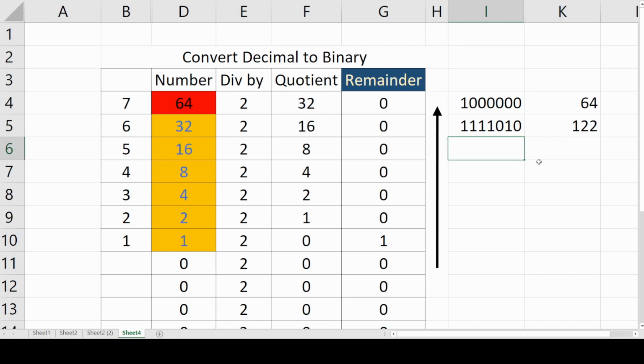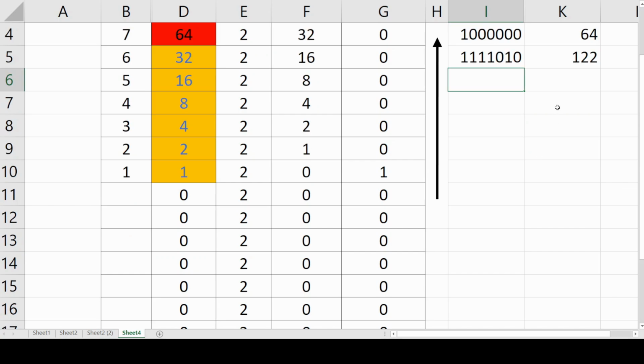So anyway, let me write the numbers. 1, 2, 3, 4, 5, 6, 7, 8, 9, 10, and you can figure out how to write the numbers.